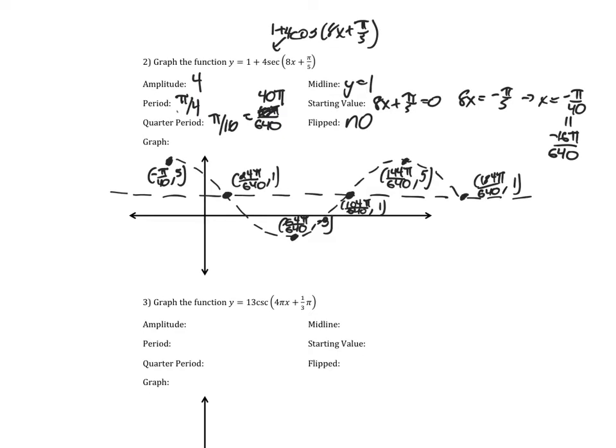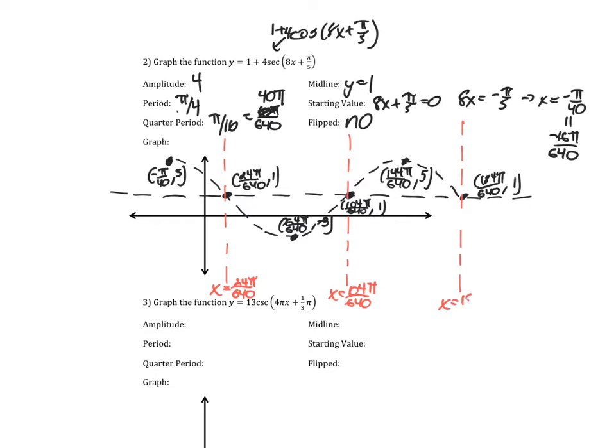Now I'm going to get to my graph of secant, which at this point should be pretty straightforward. I'm going to draw my asymptotes through points on the graph where it crosses the midline. Notice not where it crosses 0, but where it crosses the midline. And we're going to label them, but I've already labeled the points, so it makes it really easy. X equals 24 pi over 640. X equals 104 pi over 640.